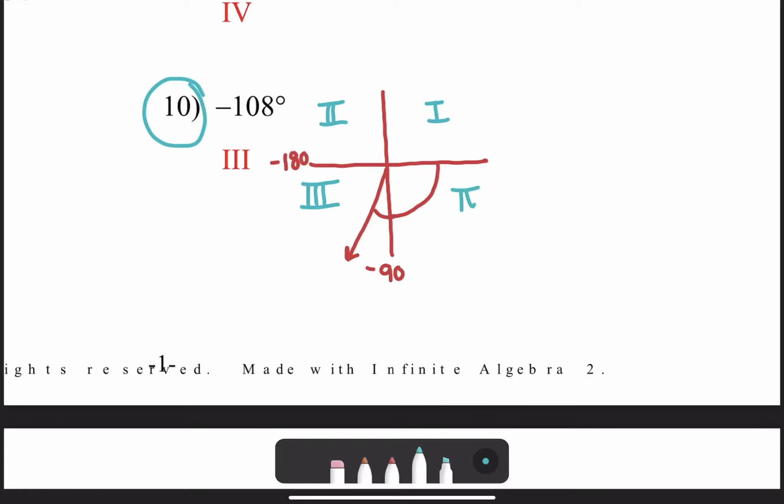Now on the back, for figuring out if two angles are coterminal, what you're going to do is see if they're 360 degrees apart. So in the first problem, if I take 305 and I subtract 360, I end up at negative 55. So that means this one works. Something like 25 for number 12.